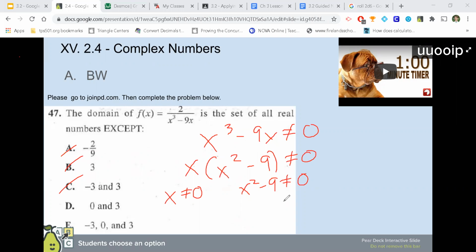All right, how would we solve this one for x? It's 2 steps. Yeah? Add 9. So x squared can't equal 9. Okay, now this is the big deal. This is why this question is labeled number 47. How do we get rid of the squared? Square root. Okay, I'm going to write something that's wrong, and then you're going to tell me why it's wrong.